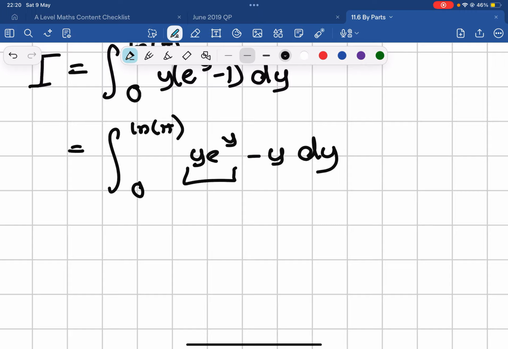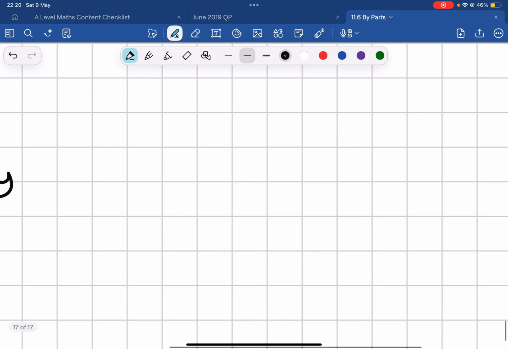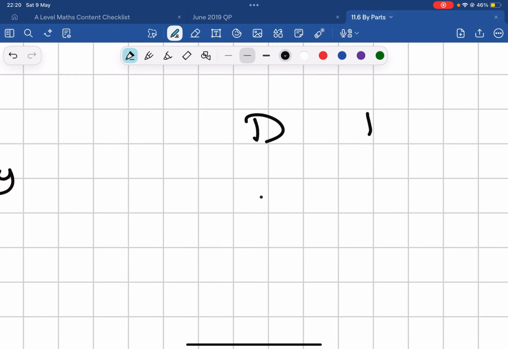Now to integrate this we'll have to use integration by parts, so let's come over to the side. y is easier to differentiate than e to the y, and e to the y we integrate just to e to the y, so let's use a tabular method for this. So we have y, 1, 0, and e to the y, e to the y.